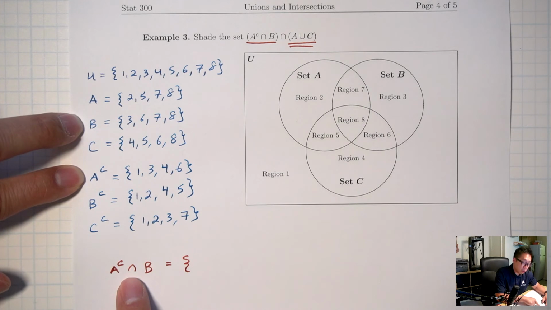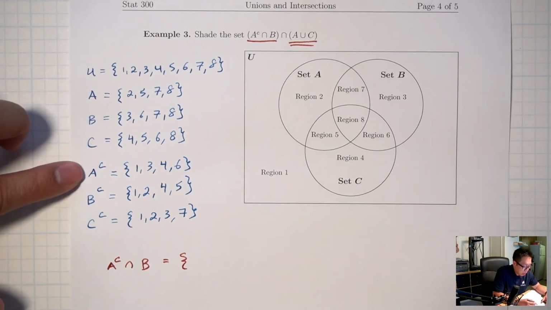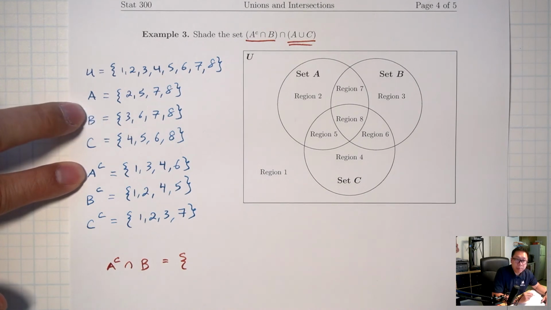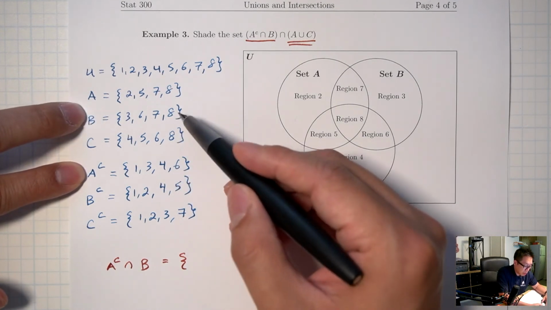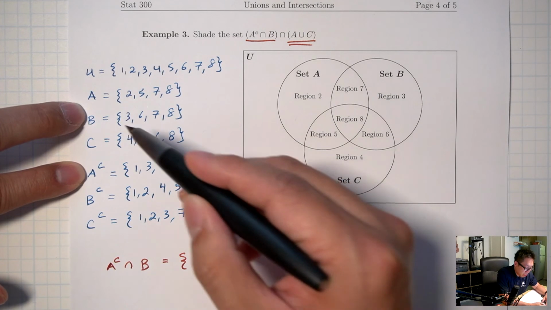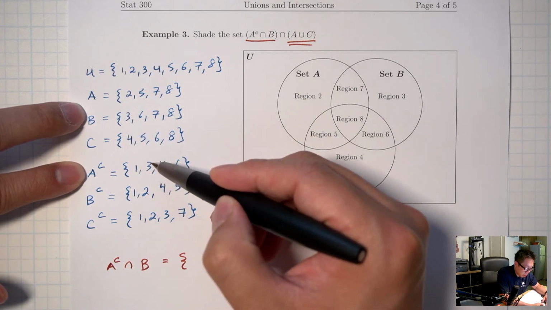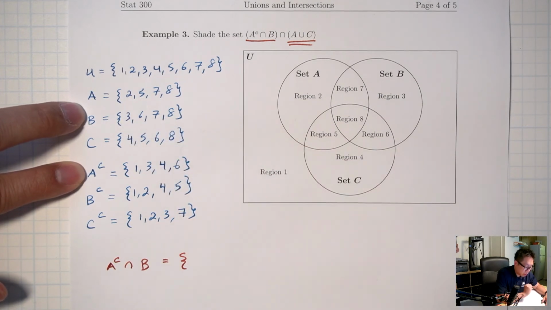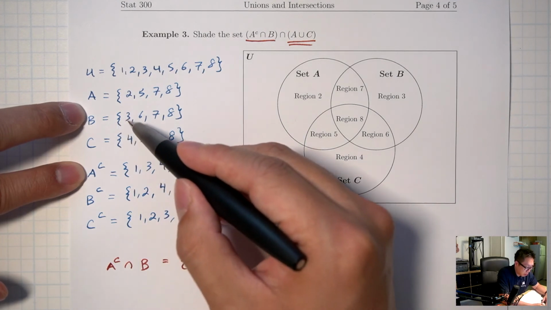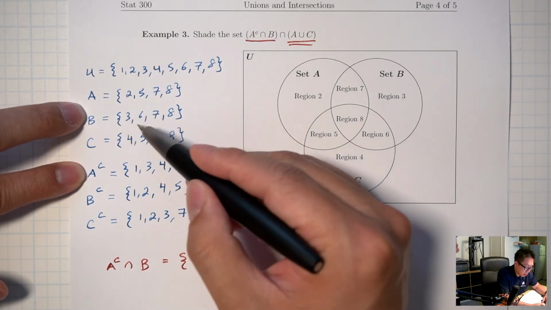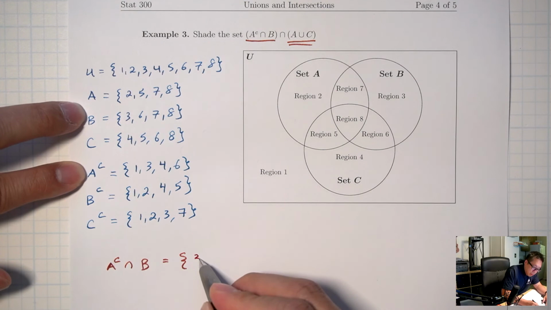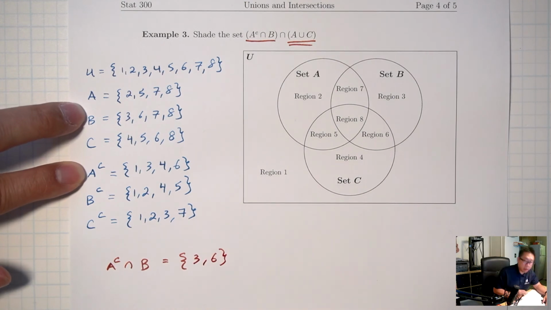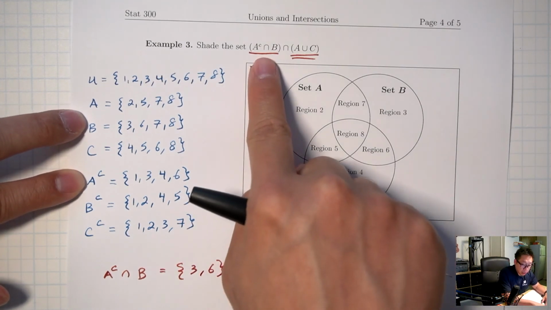Upside down U is overlap, so this is the intersection. So I want the overlap of A complement and regular B. What numbers are in both of these sets at the same time? 3 and 6, I think. Right? 3 is in both, 6 is in both, and that's it. So 3 and 6. Okay, so that takes care of the set on the left.